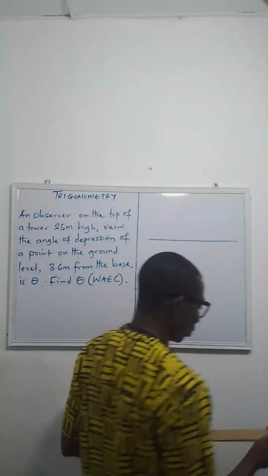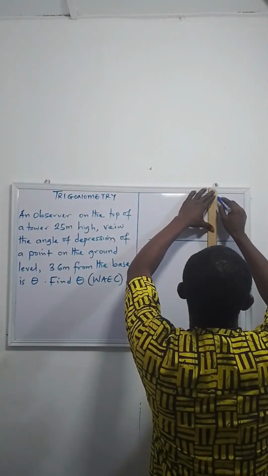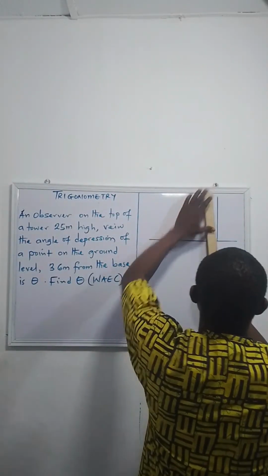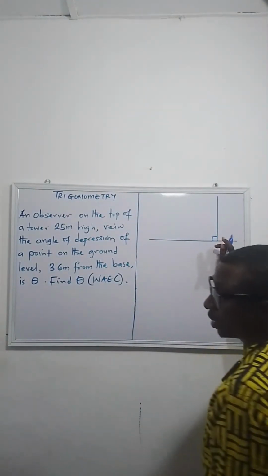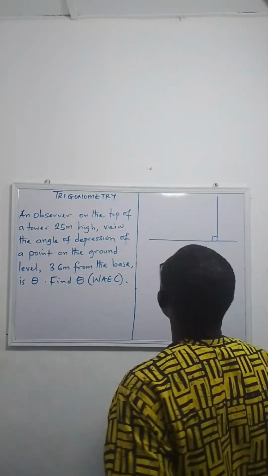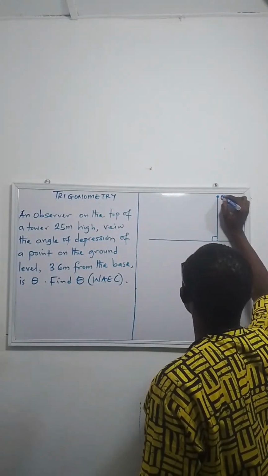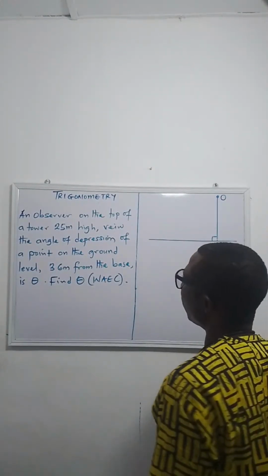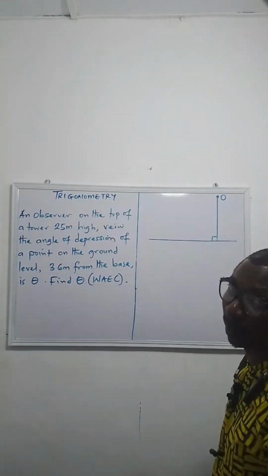All right, so let's draw the tower. This is the tower. The tower is perpendicular to the horizontal ground. Always remember to put the right angle. So this is the observer. Now let's call this O. The observer is here, on the top of a tower.